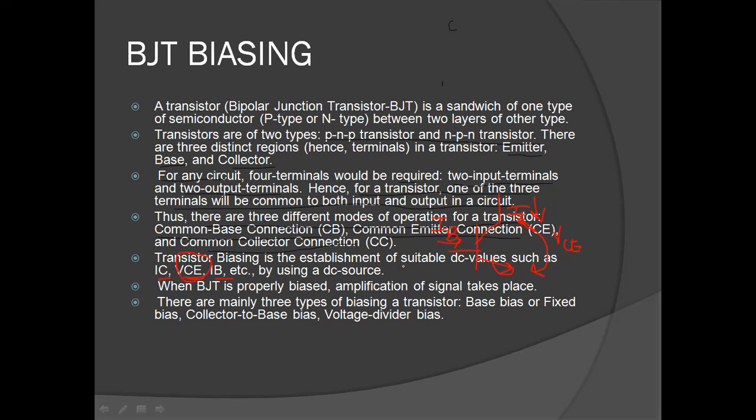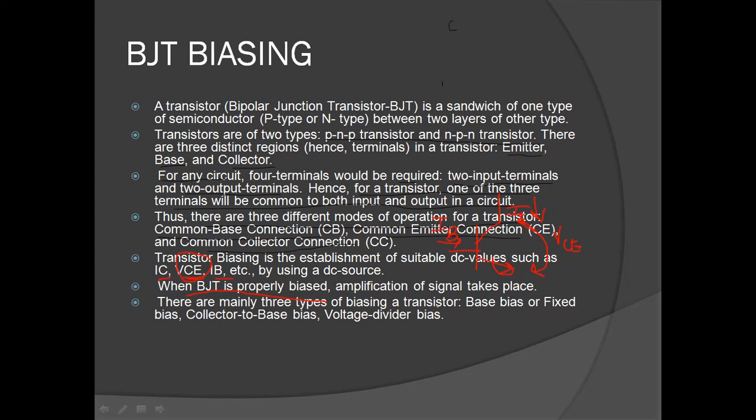Biasing is the establishment of suitable DC values such as IC, VCE and IB by a DC source. When a BJT is properly biased, amplification of the signal takes place. So when proper values of IC, VCE and IB are given, it acts as an amplifier.